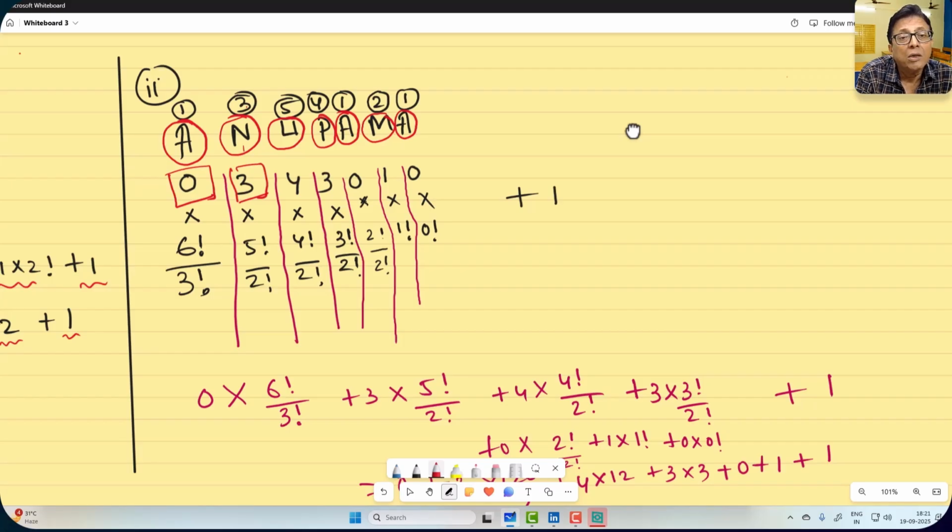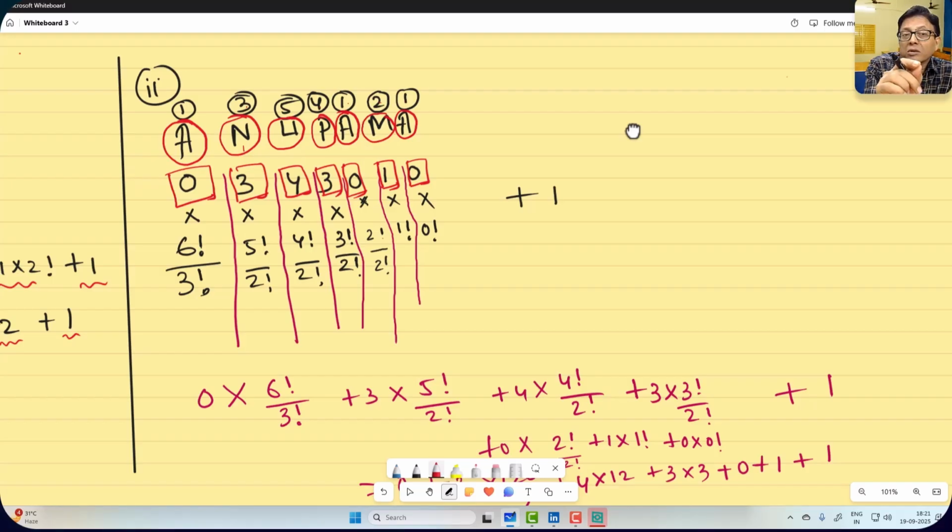No, U. So 1, 2, 3, 4. Repetition there, that also you need to consider. 4. This one, 3. Because AMA. This one 0, this one 1, and this one no letter on the right side has rank less than A, so it is 0.